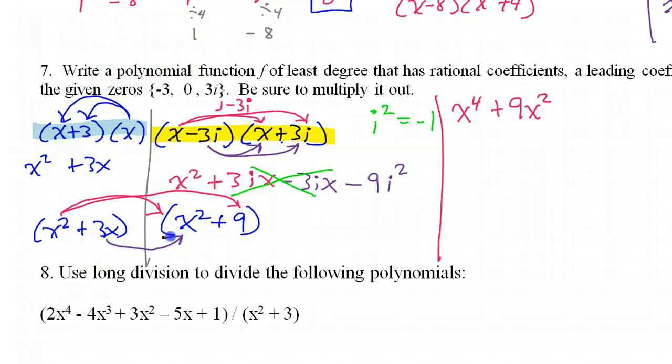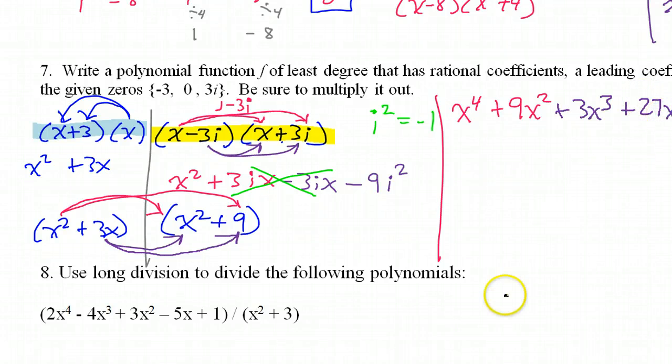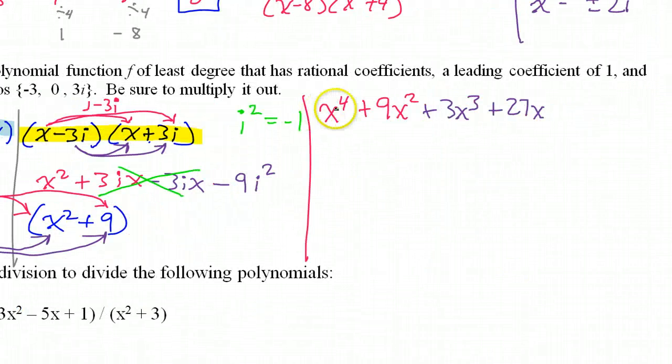Now I will multiply 3x times everything. 3x times x squared is 3x to the 3rd power. 3x times 9 is 27x. Now these are out of order, so I just need to rewrite these in order, and then I will actually be done.